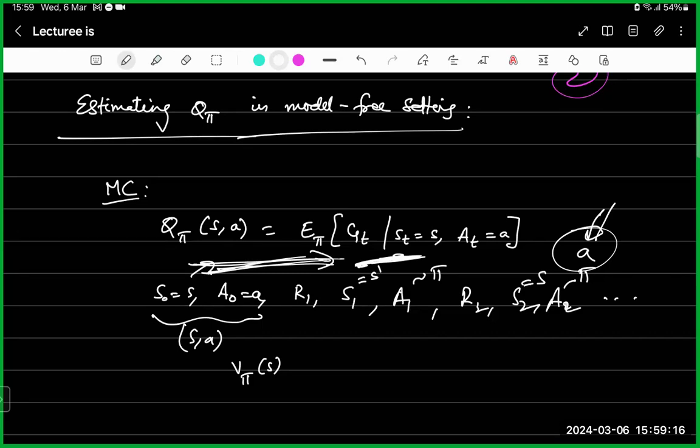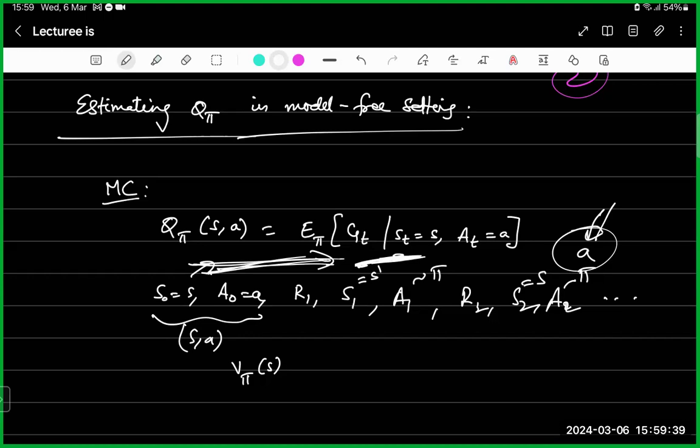So for every sample, if you want one sample of q pi of s comma a, you have to start from that state. The remaining part of the episode will not contribute to samples of q pi of s comma a. So if there are a lot of actions, you have to start with s comma a for every pair s comma a to get a sample of q pi of s comma a.